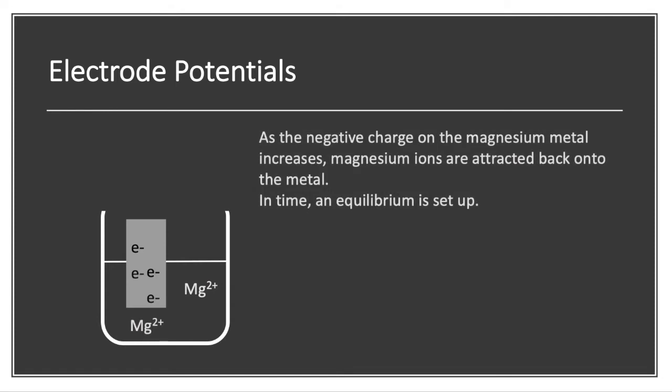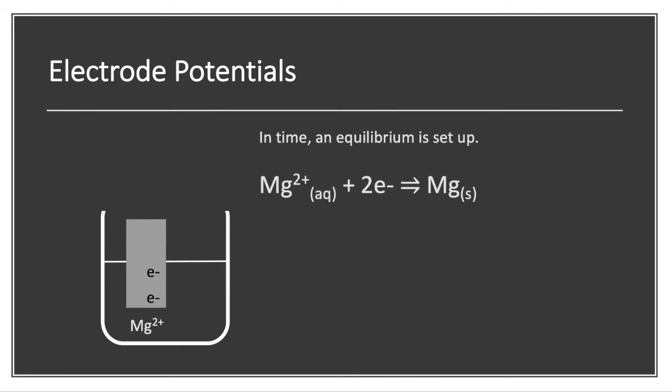This means that there will be a negative charge on the metal surface as those magnesium 2+ ions deposit their 2 electrons on the metal and pop into solution. And therefore, the positive ions will become attracted back to the negative metal. And this means that over time, an equilibrium will be set up between Mg2+ aqueous and Mg solid.